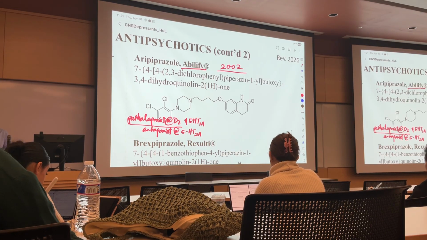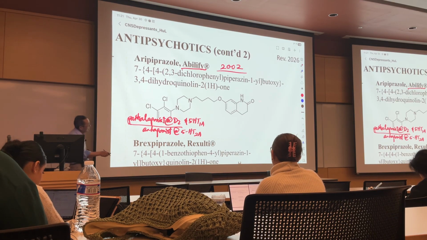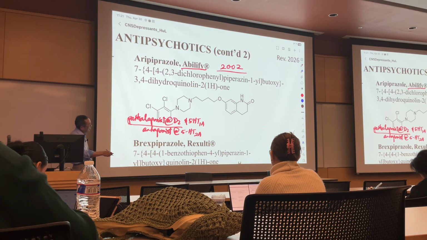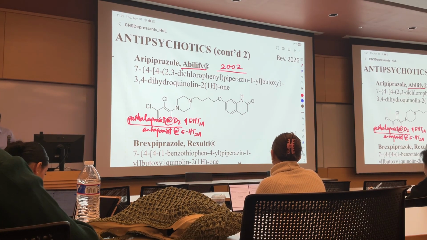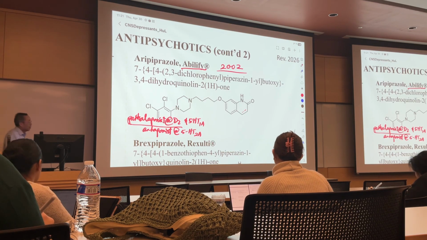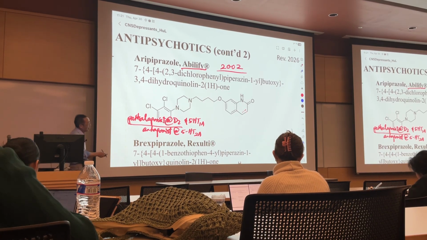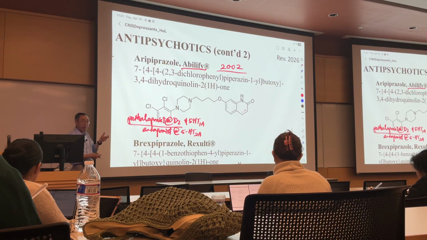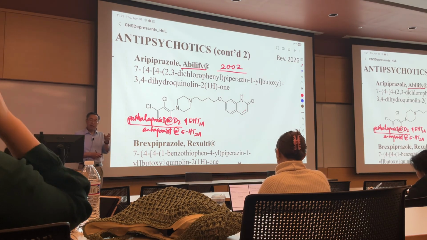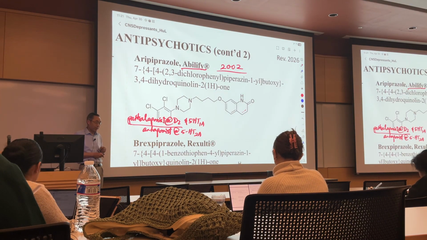You probably noticed that this drug molecule has a lactam on the right-hand side. There are hydrogens on these two carbons, and two hydrogens can be removed to give you the double bond. Removing hydrogens from the drug molecule is still considered oxidation.